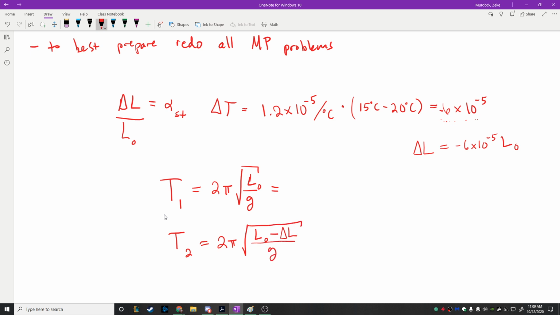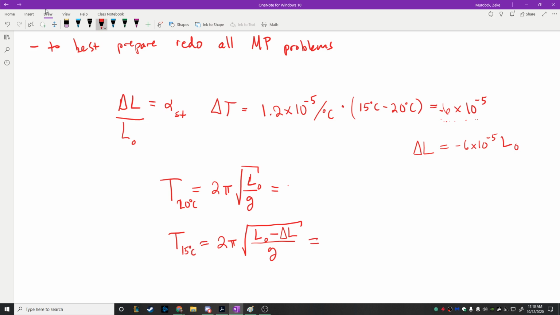So we could think that this would be like, here, let's do this. This would be the period at 20 degrees Celsius, and then the period at 15 degrees Celsius would be this, right?